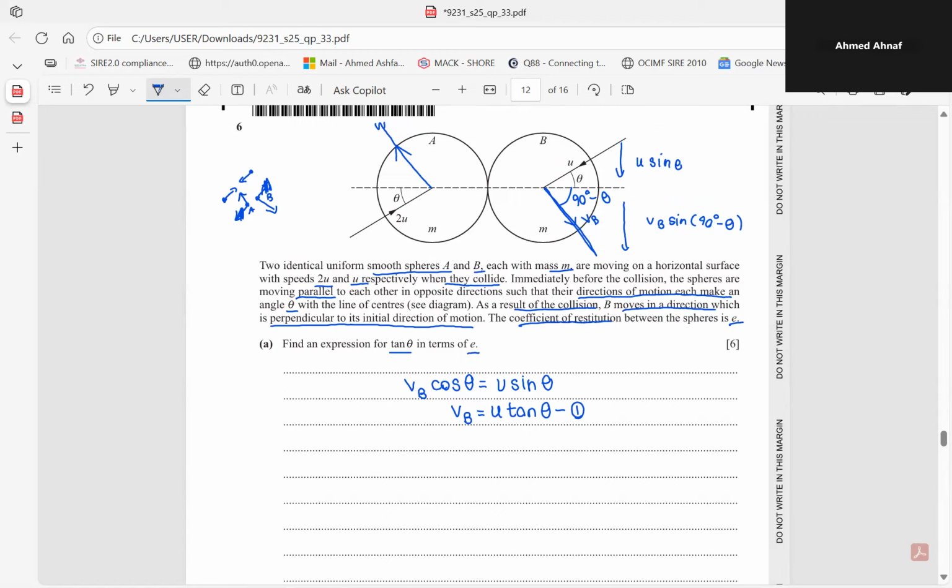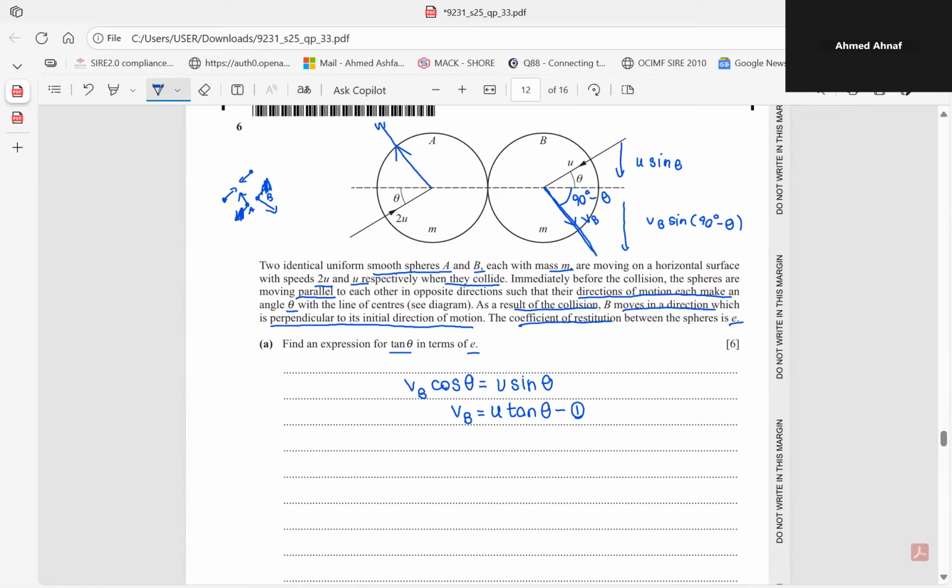Okay, and after this, what else have we got? The coefficient of restitution. For that we're just going to take the horizontal components.